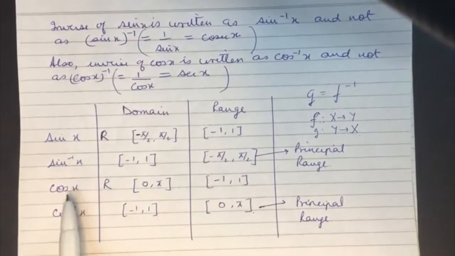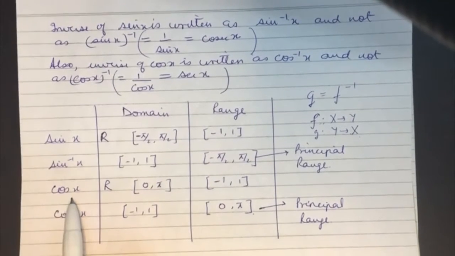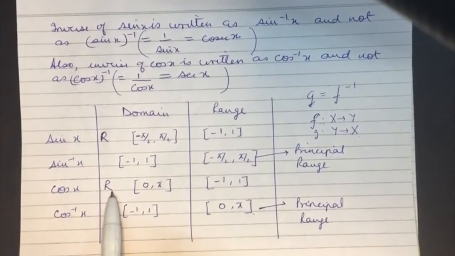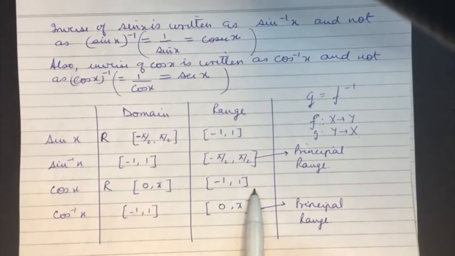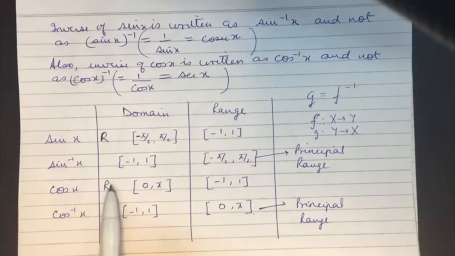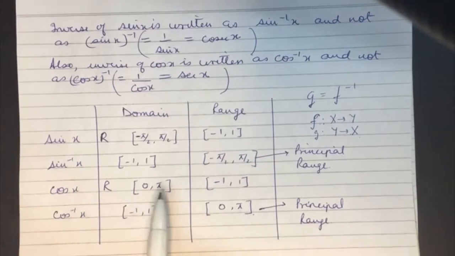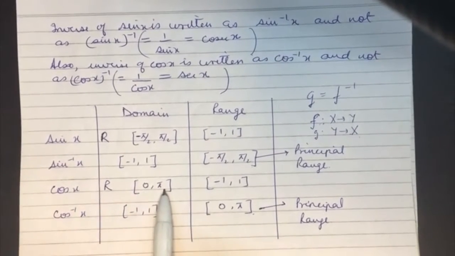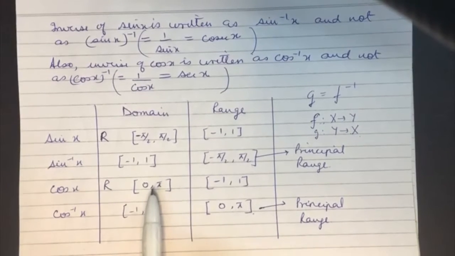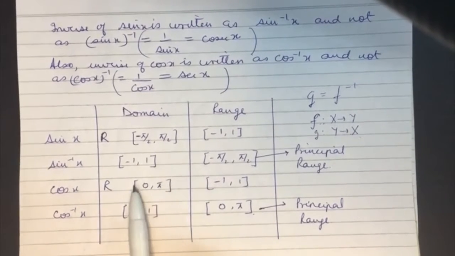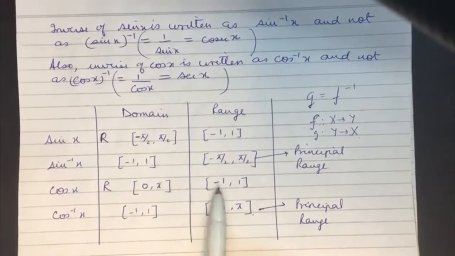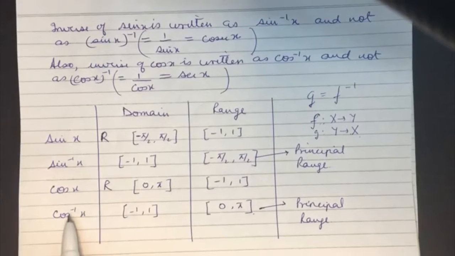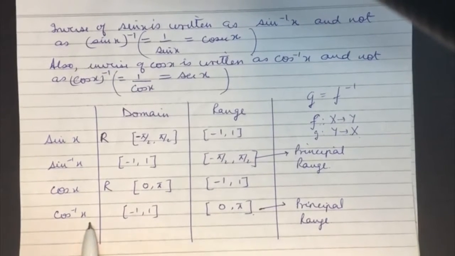Similarly, for cos x, the domain is R and the range is minus 1 to plus 1. But if we restrict the domain of cos x to 0 to pi, then this function cos x becomes 1-1 and hence invertible, and so cos inverse x is possible or defined.